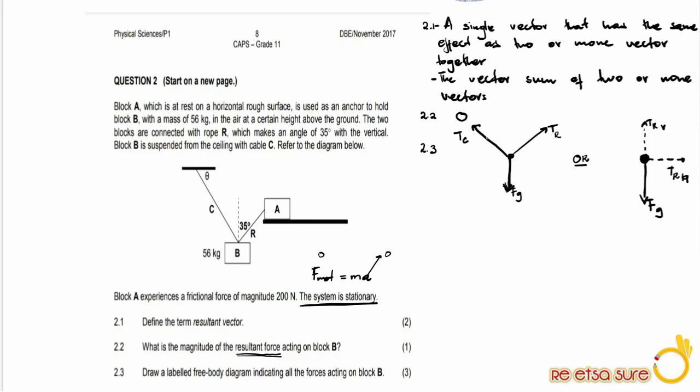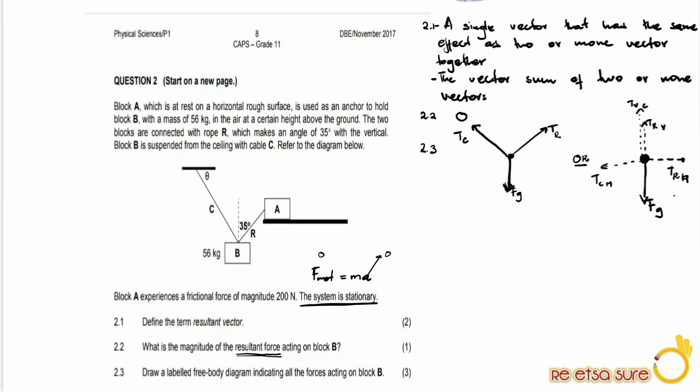And then now let's come to this side. I want to resolve this TC into its components using the tail to tail method. Obviously I'm going to have TC vertical, and then I'm also going to have TC horizontal. So if you don't want to draw your free body diagram in the first fashion, you can draw it in this fashion.